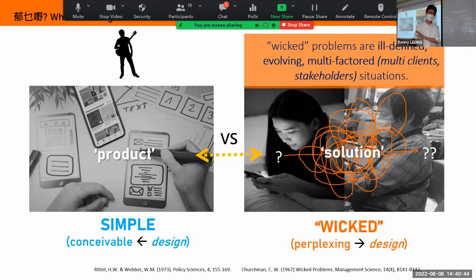So this is the simpler kind of design, compared to those problems we talk about: the fragmented society because of technology over-dependence, or the aging society. How can we deal with the aging society in the newer time?